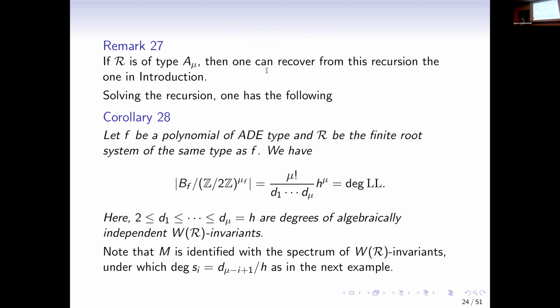So here I rewrite it on the other page. Here d_1 to d_mu are degrees of algebraically independent Weyl group invariants. And by the previous proposition, this cardinality is the degree of the discriminant.